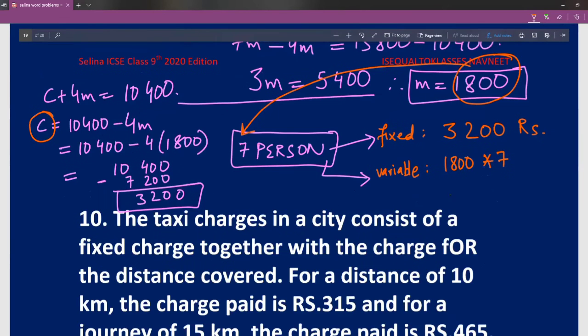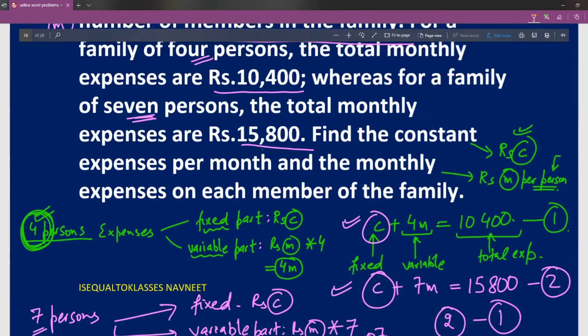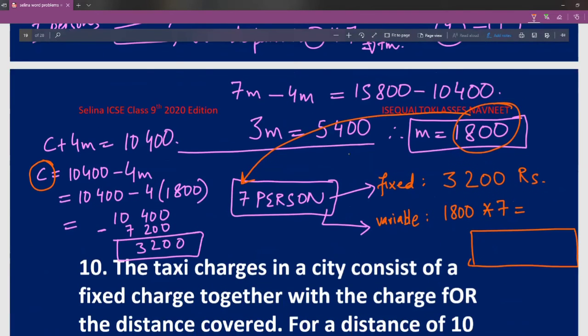If I add these two, the answer that I will get will be equal to 15,800 rupees. 15,800, because this is equal to 12,600 rupees.